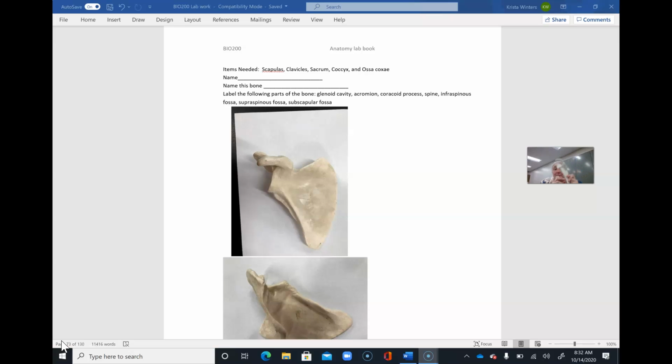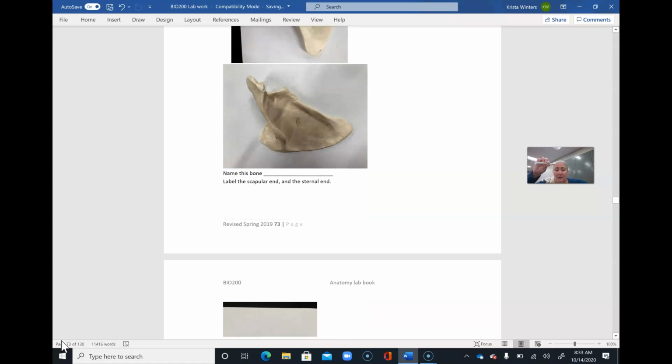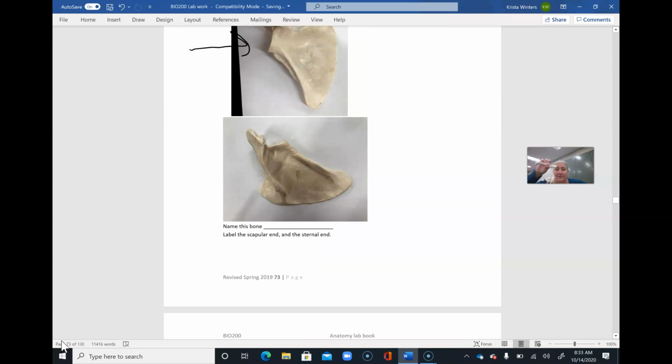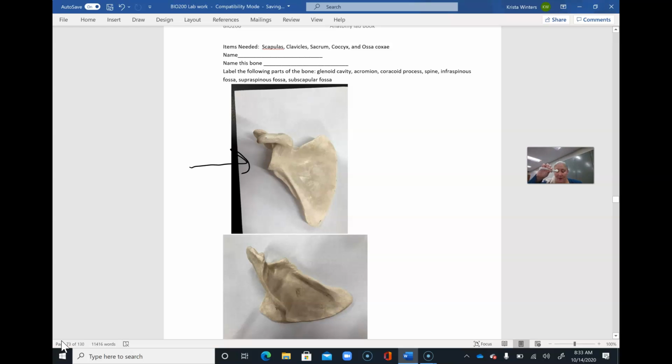This, which you see pictured here, is the scapula. And then this bone here, which you see here, is the clavicle. So together these two bones make up the pectoral girdle.